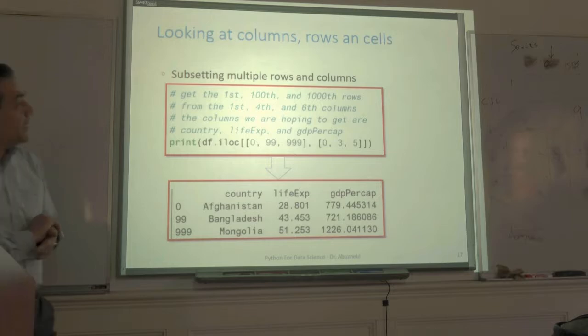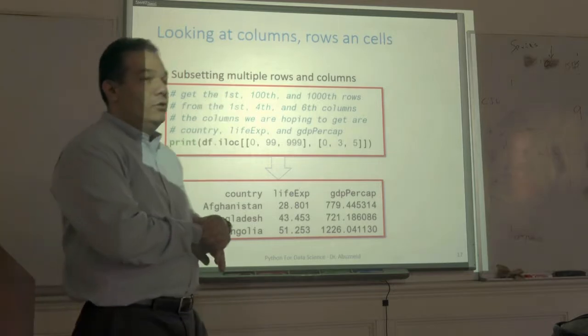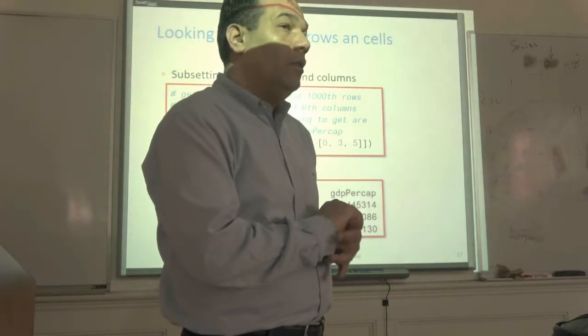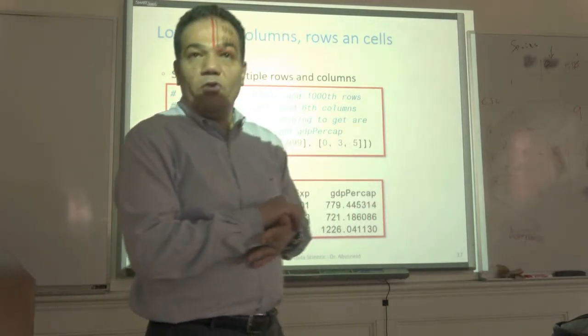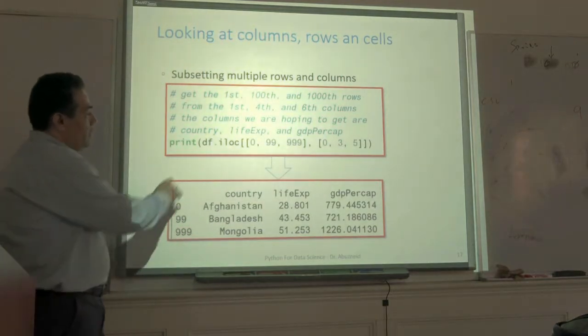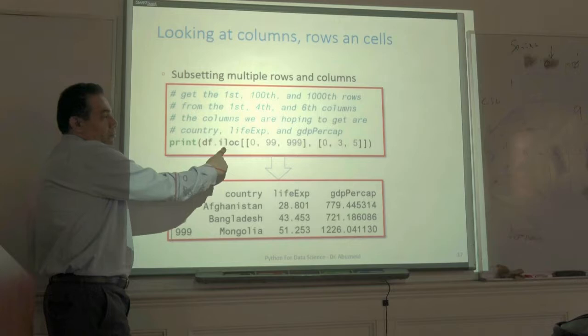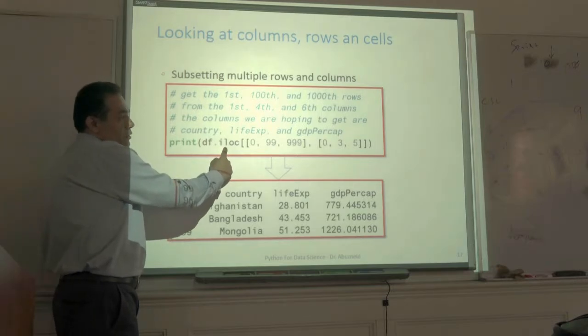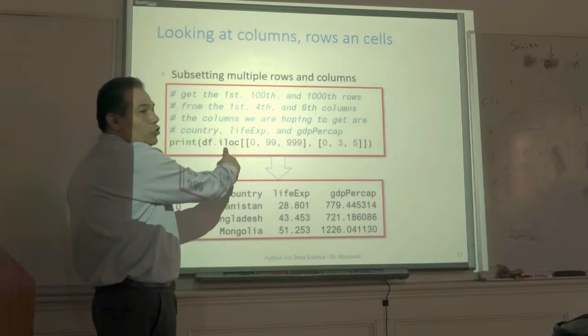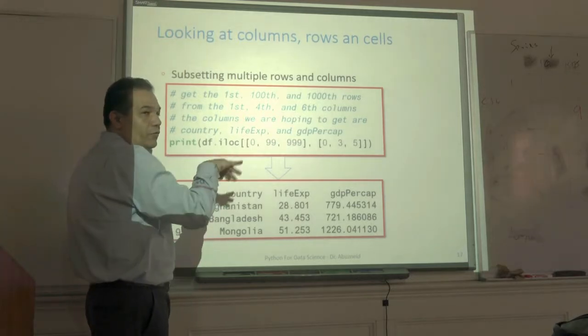Okay, get the first and 110th rows. So what is the best way to do it? loc or iloc? iloc maybe, because you are using the index. All right, so how do you do it? Okay, DataFrame.iloc. All right, so which records am I looking for? How many rows? 3 rows.